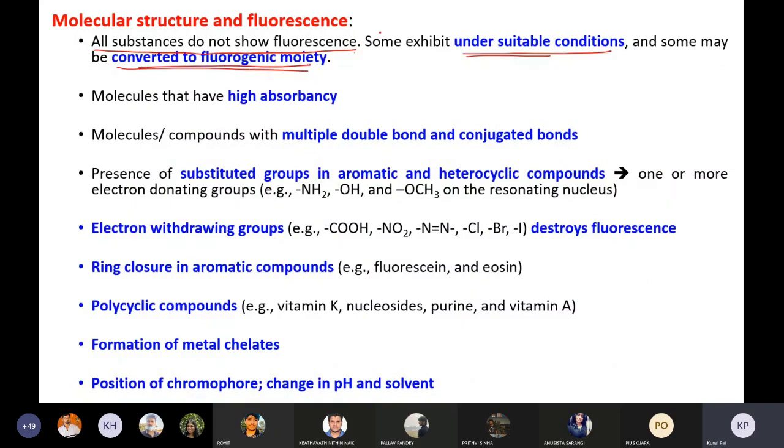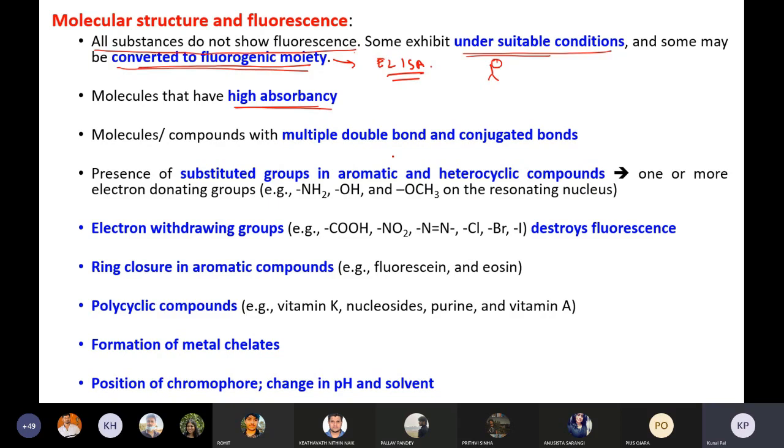Okay, one of the classical examples is the ELISA, where the counter antibody is tagged with some fluorescent moiety. Okay, then the molecules which have high absorbency will most commonly show fluorescence.